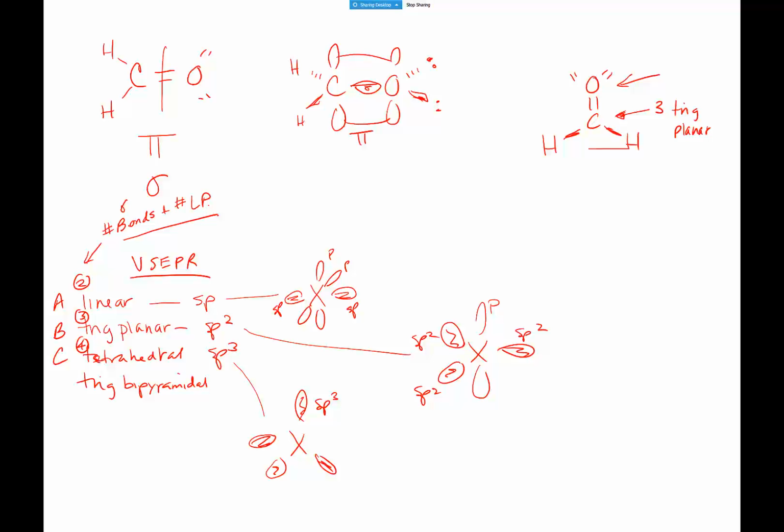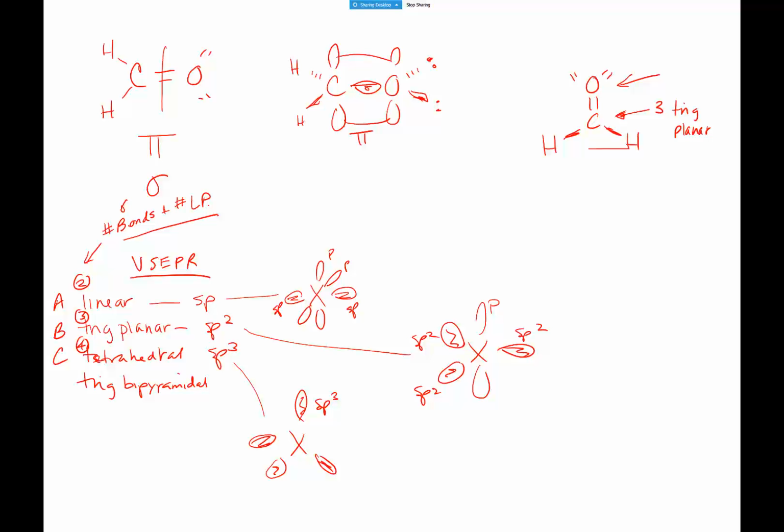But I could also replace that by saying that it's linear because it has 2 hybrid orbitals. So what I'm really doing is counting the number of hybrid orbitals around that atom. And the way I get to the number of hybrid orbitals is by determining how many sigma bonds there are plus the lone pairs, because the lone pairs always go into the hybrid orbitals.